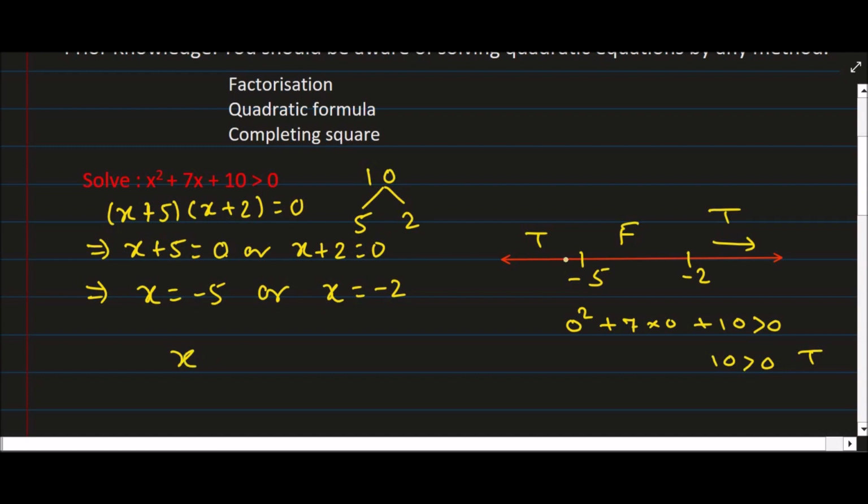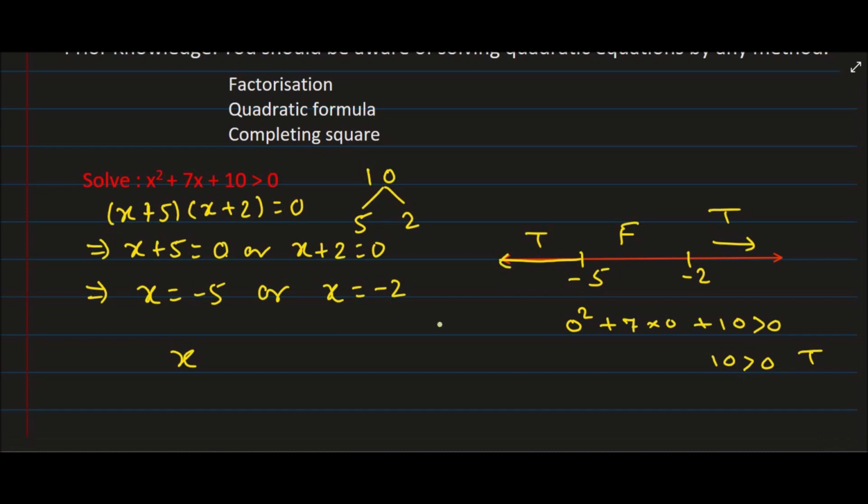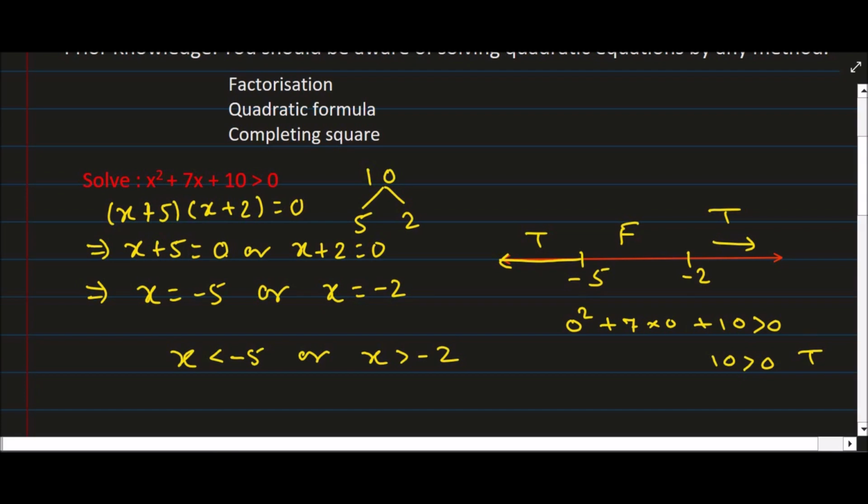So x should be less than minus 5 or, in the rightmost region, x should be greater than minus 2. So this is our answer.